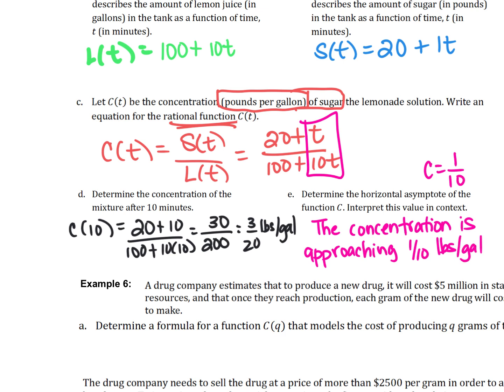Okay, what does a horizontal asymptote do? It's what my function approaches. Okay, so our concentration is approaching 1/10 pounds per gallon. All right. Question about that one? It's our first one with a rational function.